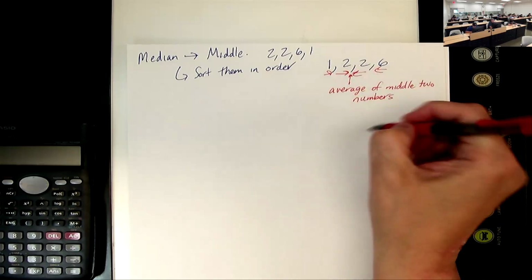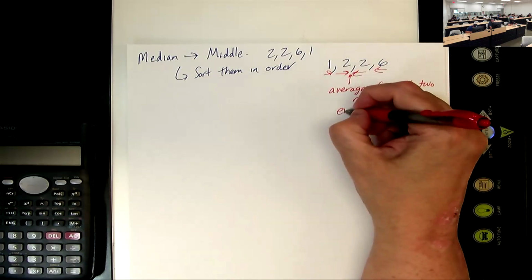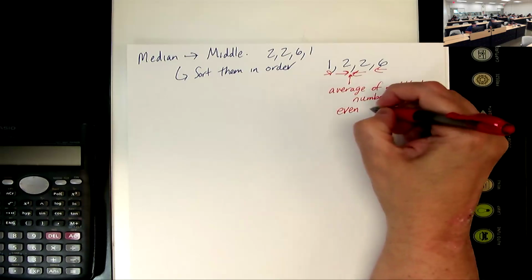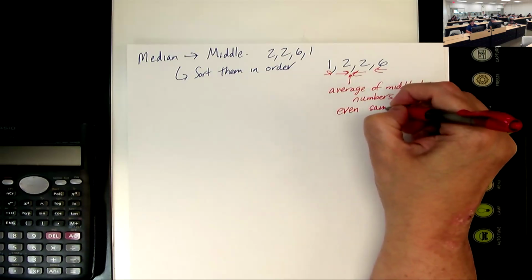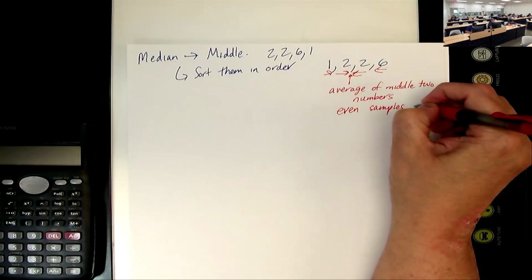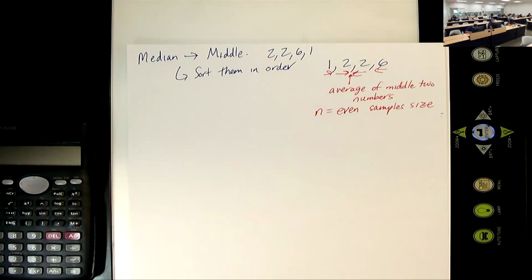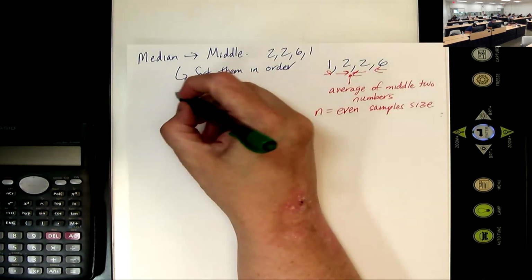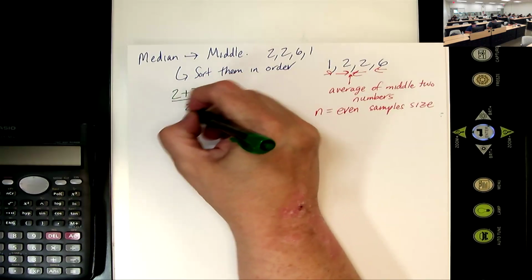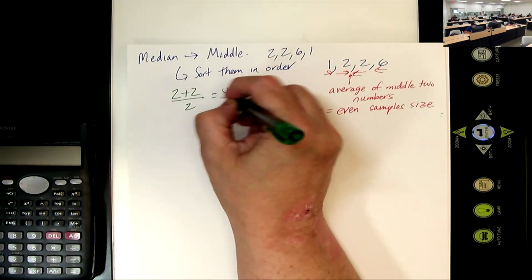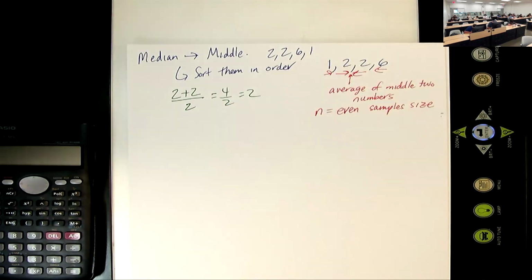This is what happens when n is even, an even sample size. So in this case, if I average the middle two, I'm just taking those two and dividing by 2. 4 over 2 is 2. If they're the same value, the average is just that number.